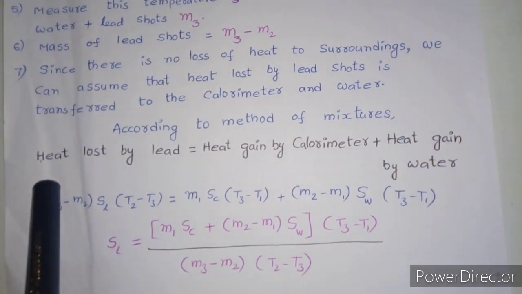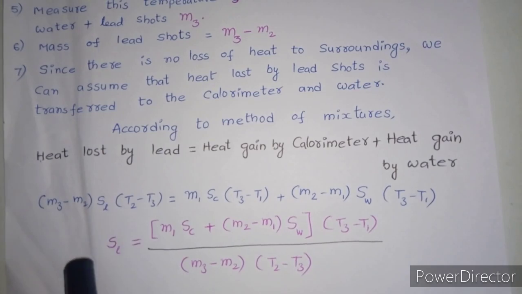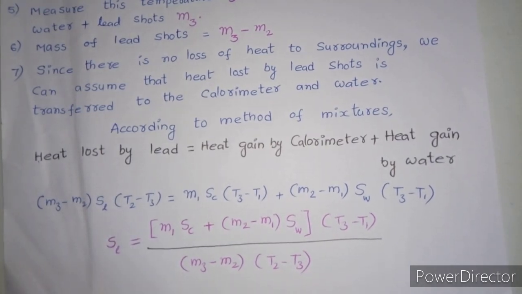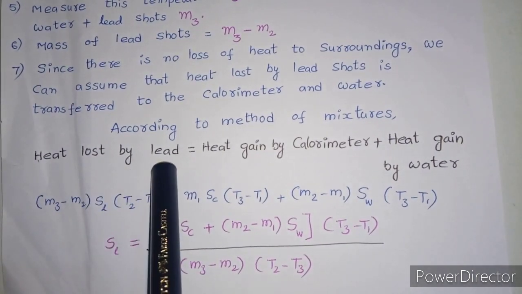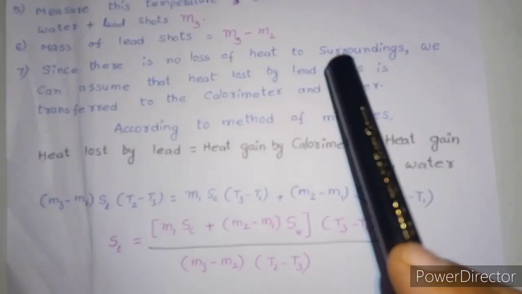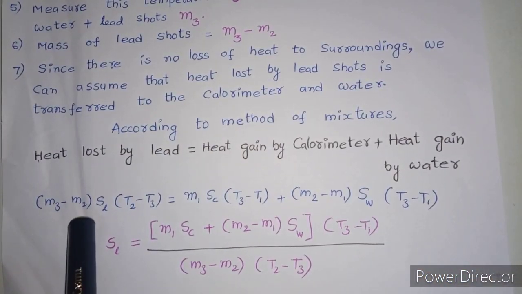Now first let us find out the heat lost by lead shots. Here we apply the formula Q equals m s delta T. Here m means the mass of lead shots, which we found just before, that is M3 minus M2.